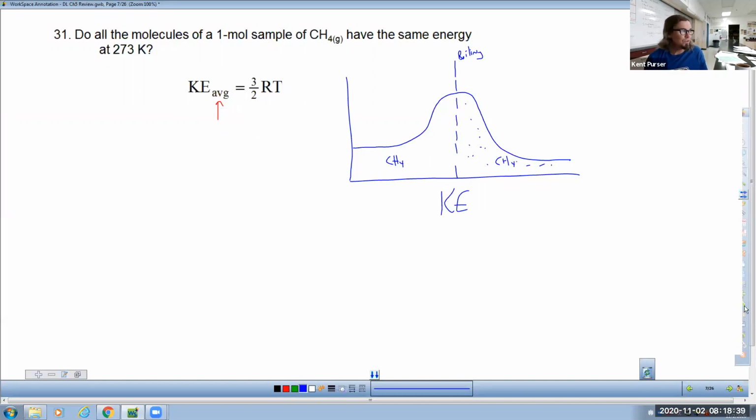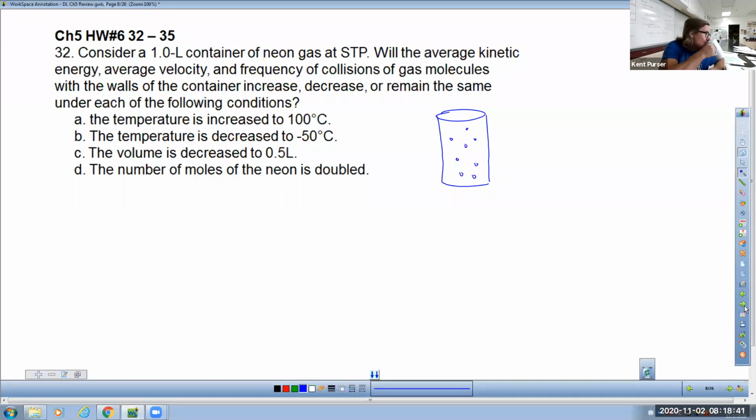Question number 32, we now are on to the second assignment. Consider a 1 liter container of neon gas at STP. Will the kinetic energy, average velocity, and frequency of collisions of gas molecules with the walls of the container increase, decrease, or remain the same under each of the following conditions? The temperature is increased to 100 degrees Celsius.